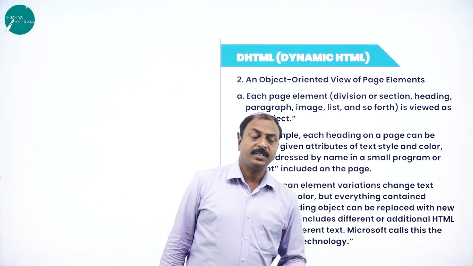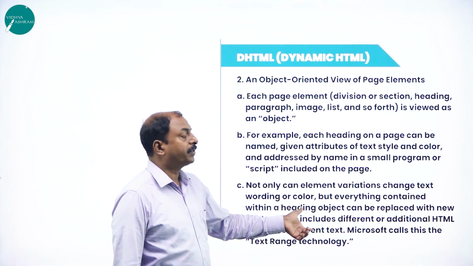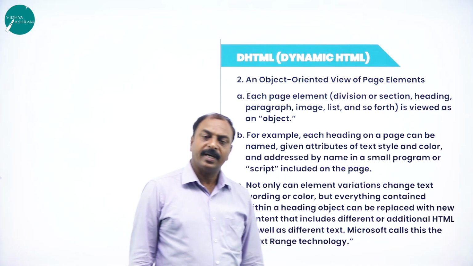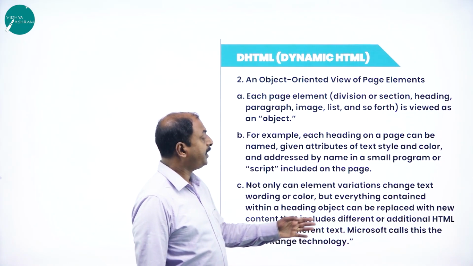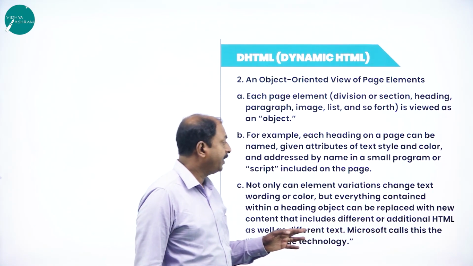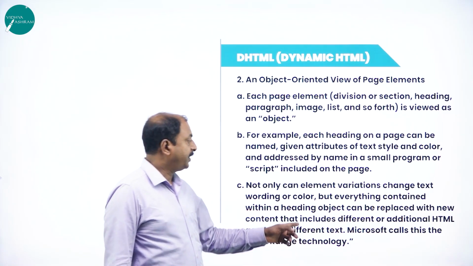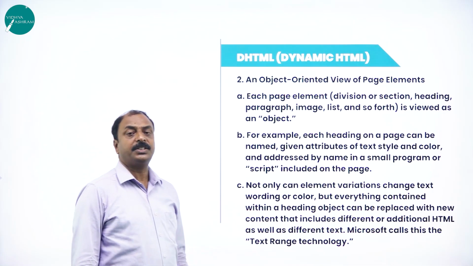So what is the meaning of this? Within a particular object, for example a heading, the user has an option of changing the content of the heading, and this was not there with the HTML language. This is an additional feature of DHTML.